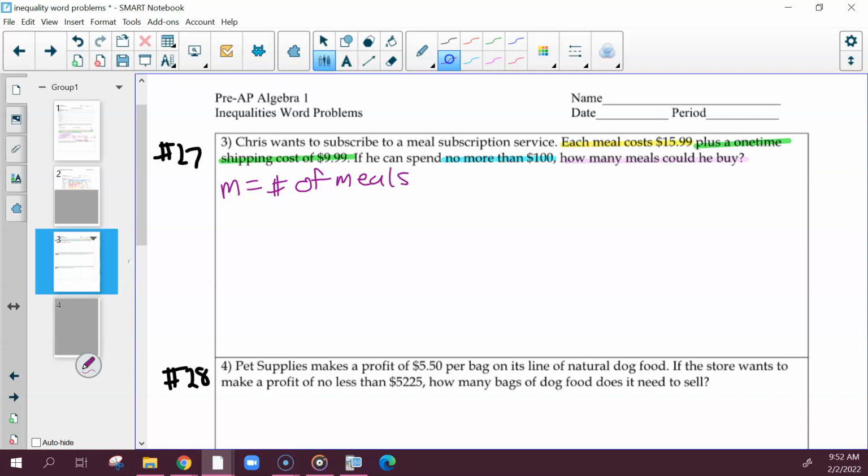No more than, which symbol would that be? Less than or equal to. No more than 100. How would we write the rest?